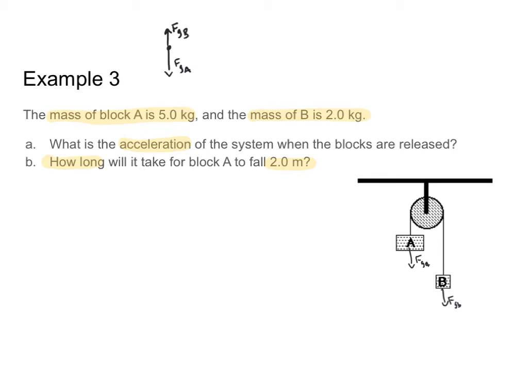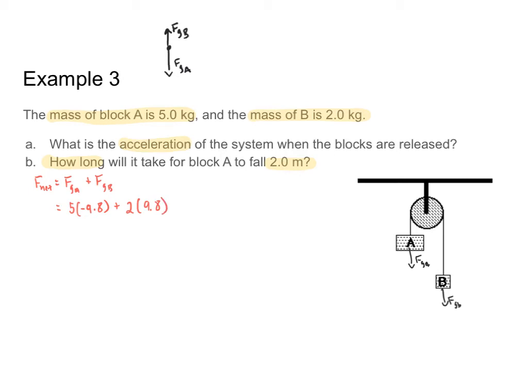So now I'm ready to go ahead and figure out my sum of forces. So I know that my F net is equal to the force of gravity on A plus the force of gravity on B, giving me that my net force on A is equal to 5 times negative 9.8 plus 2 times positive 9.8.